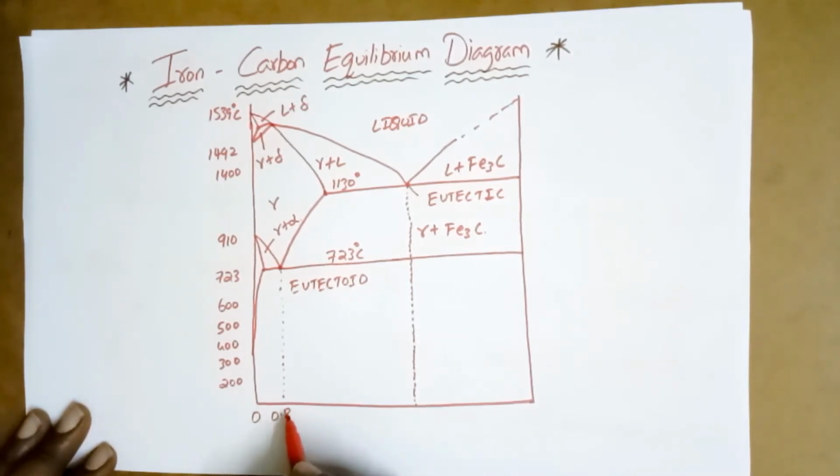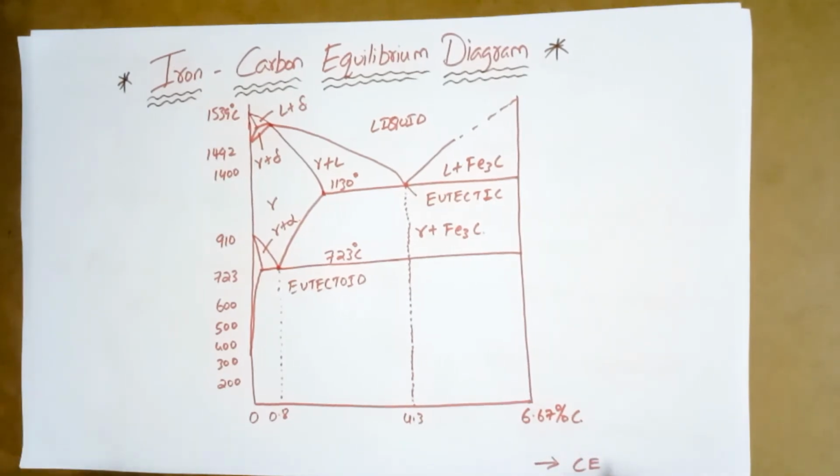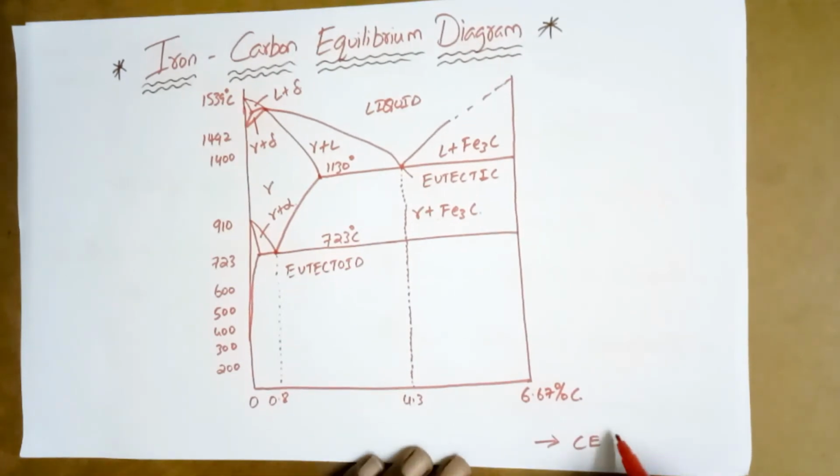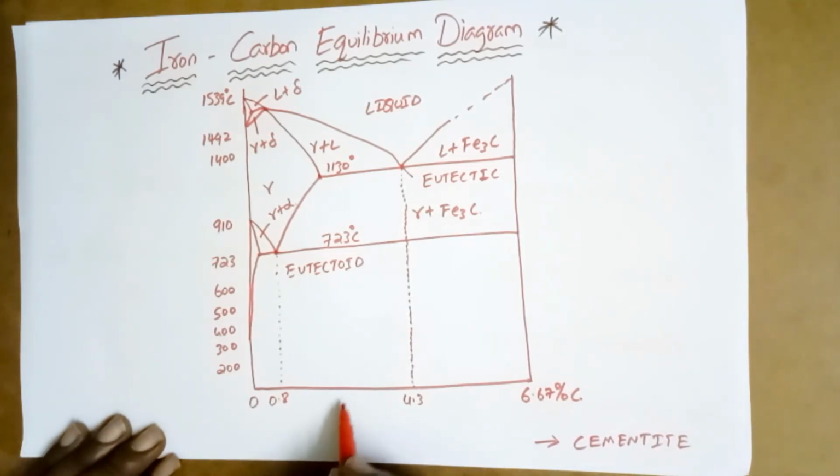This is 0.8, this is 4.3, and we are showing 6.67 percent of carbon. And what we are getting here is cementite.